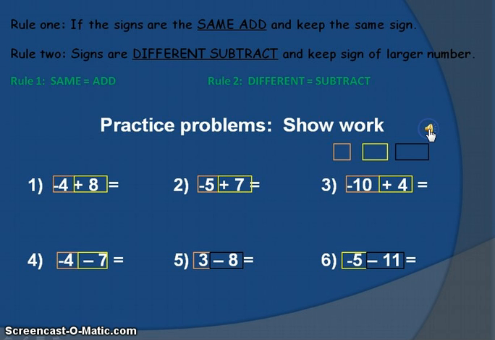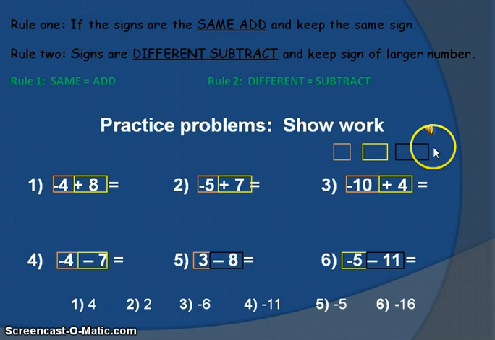And here are your answers. Go ahead and check your answers. And again, if there's anything that is different or you don't understand, make notes of it so we can go over it in class.